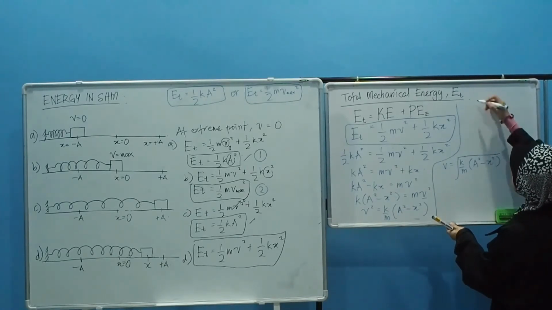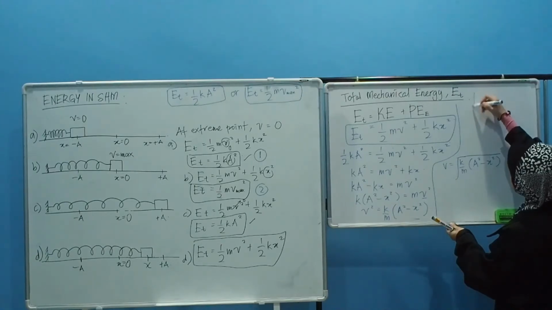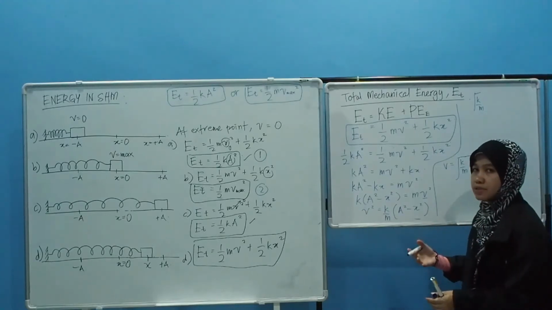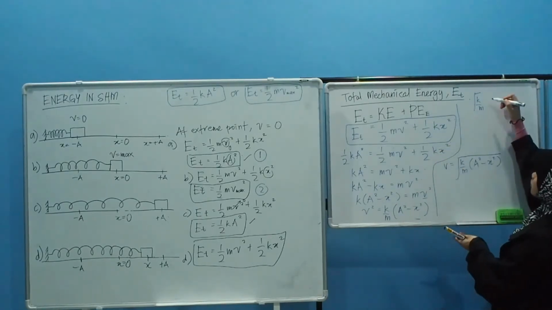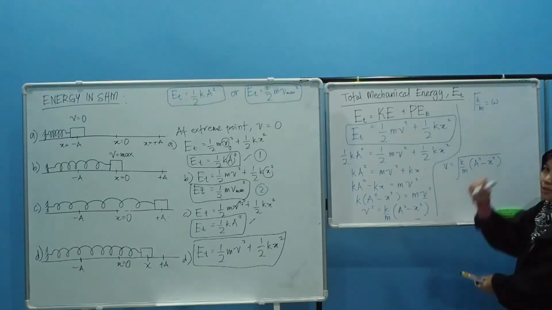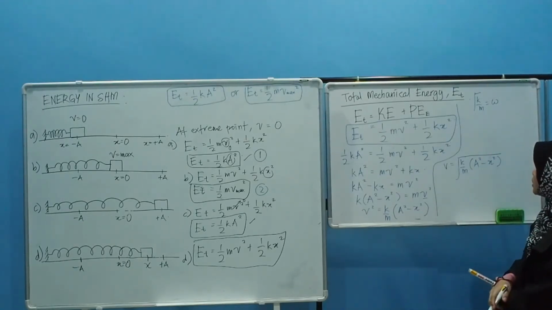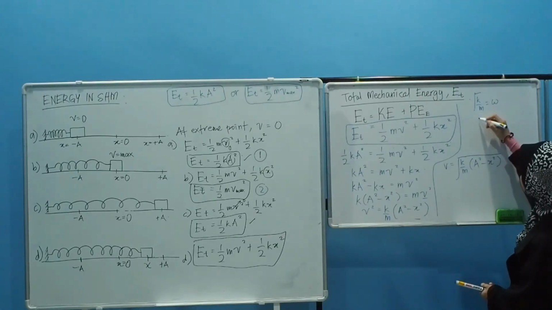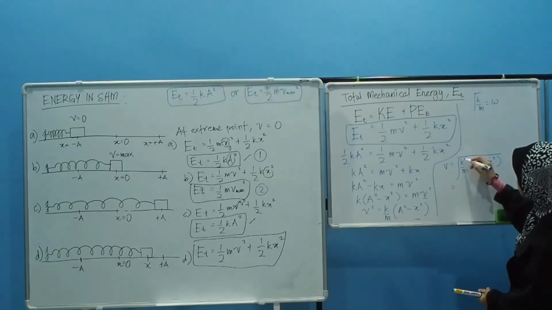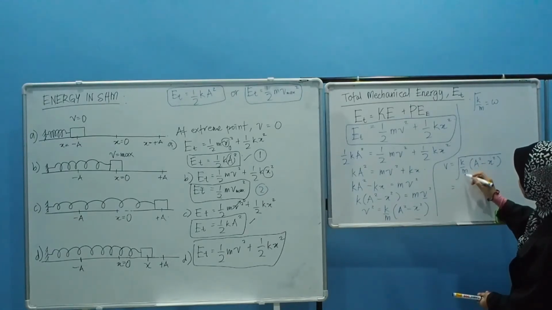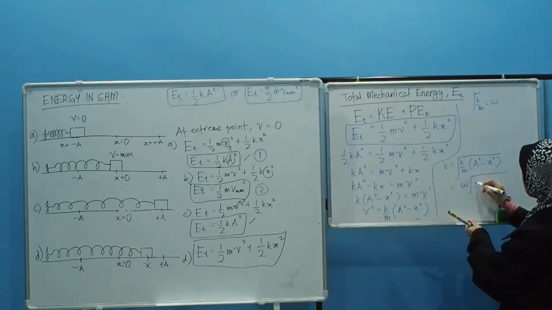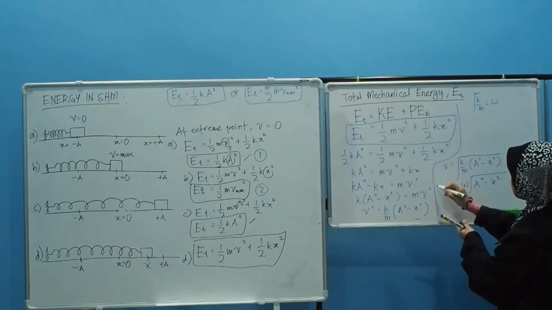So remember, square root of k over m, as you learned before in spring systems, is equal to omega. So you replace this with omega, and then square root of A squared minus x squared. So this is v.